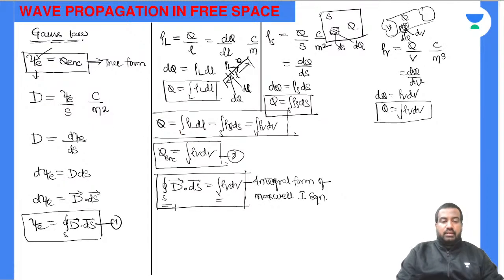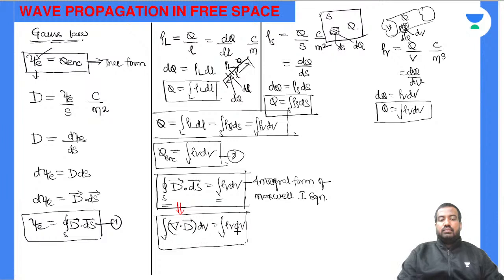So here, closed surface integral of D dot ds is volume integral of del dot D dV, which is equal to volume integral of rho v dV. This implies del dot D is equal to rho v.